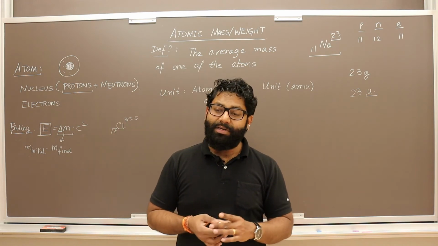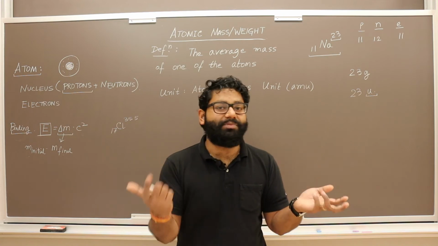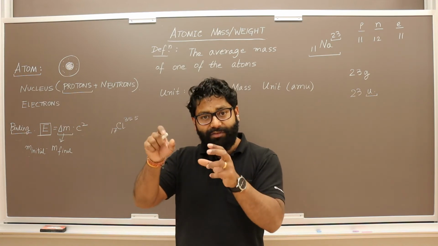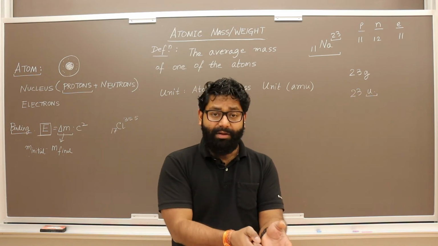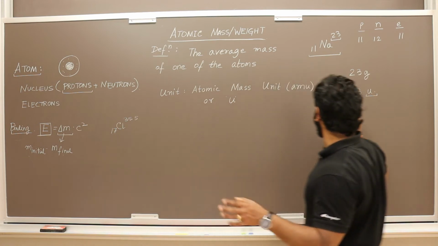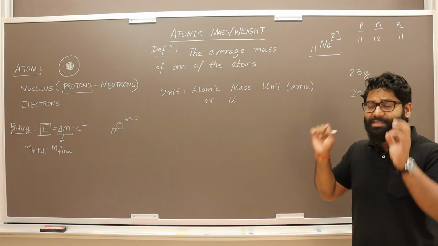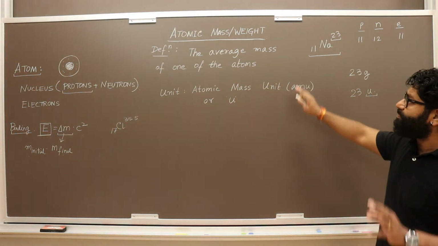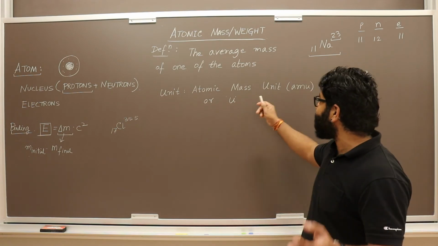Now, let's say you are trying to measure the mass of microbes, really small things. In those cases, you won't be using tons as a mass unit, right? So in here too, since an atom is an extremely small particle, the mass of atoms is measured in a new type of unit, and that is called the atomic mass unit.